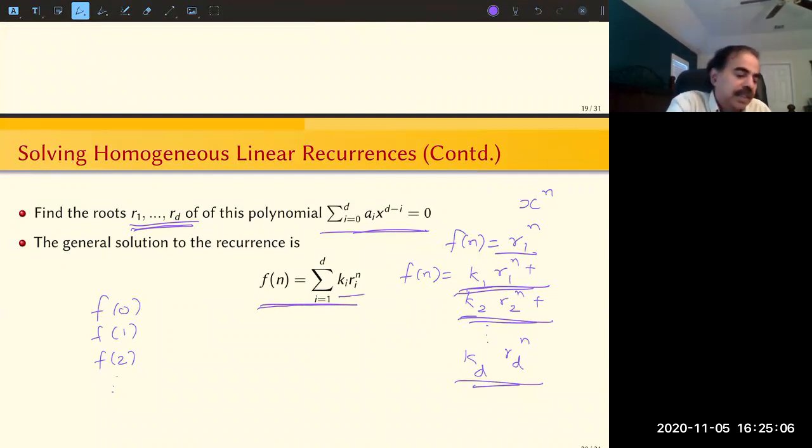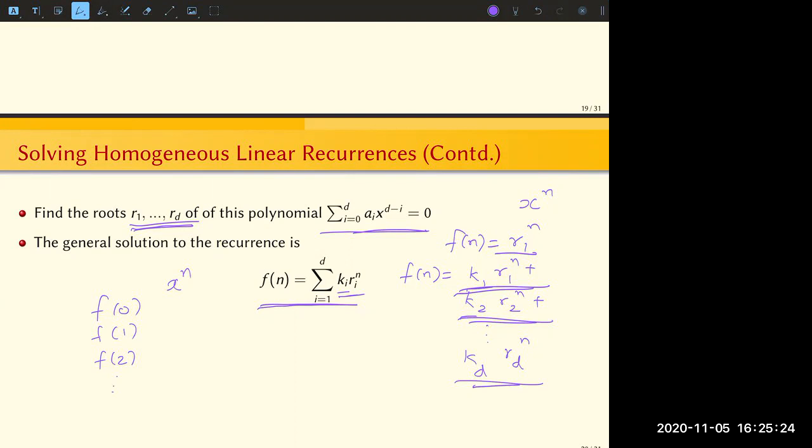So instead of just saying x to the power n, you are going to apply the exponent n to each one of the roots. And then you're going to say, by the way, there could be some constant coefficient in front of that. So for the general solution, we would be required to find all of the constants, right?